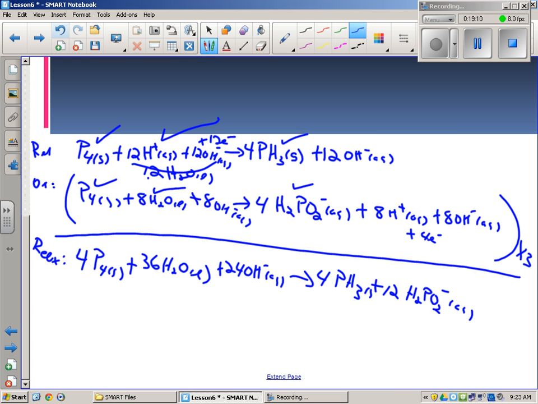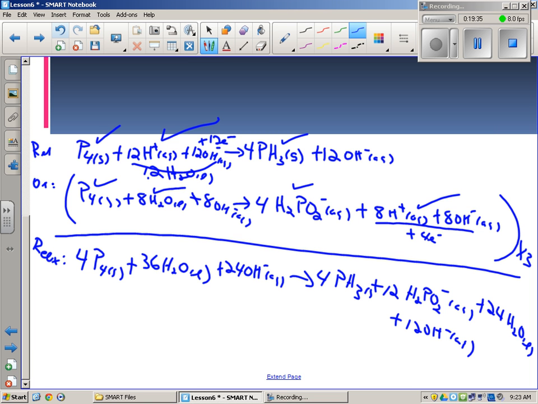Okay. Once again, on this side here, that combined together, that's 8 waters times 3 is 24 waters. So 24 H2Os. That takes care of that. And I have 12 hydroxides as well.